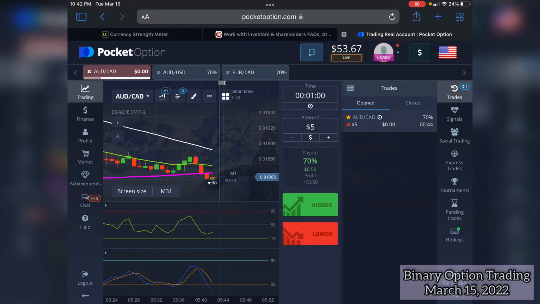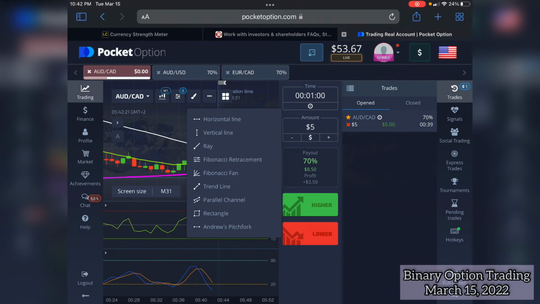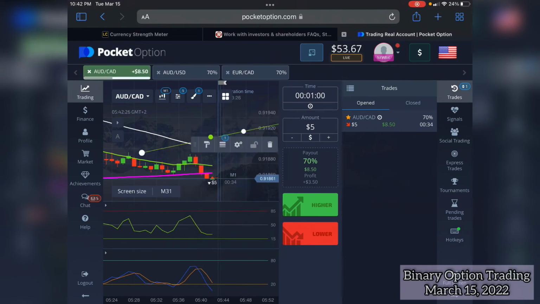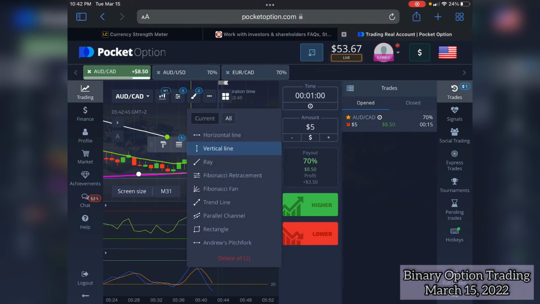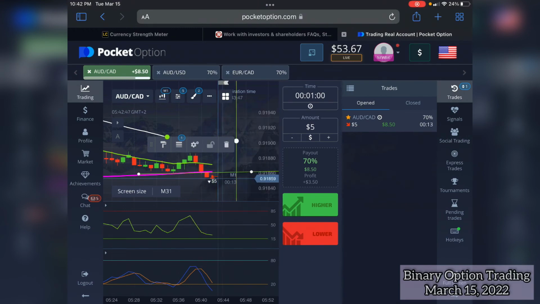You have not a strong trend, but you basically have like a point where it broke its support level while it was. I can delete that.